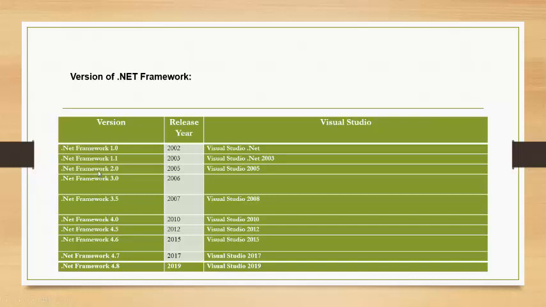So if you develop an application in 2.0, that will work on framework 4.8. If you want to run code on another PC or machine, then you have to install the framework version of that particular code. So I think you are clear about what the versions are and how we can run our applications on computers. We will move on later.